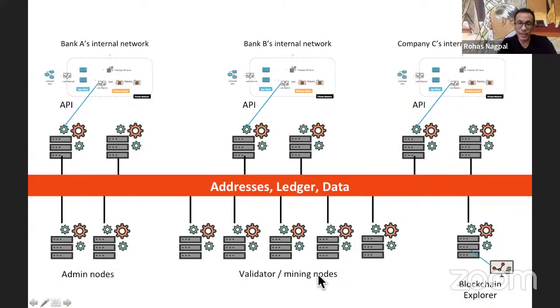Then we can have validator or mining nodes whose job is going to be to validate transactions using different blockchain consensus mechanisms, something we are going to look at a little later. There are also blockchain explorers, which we are going to see later, which make it very easy for anyone to go to a website and without even logging in, you would be able to see all the transactions that have happened on that blockchain.